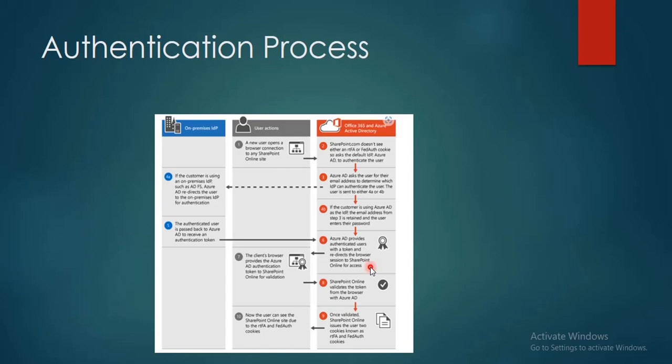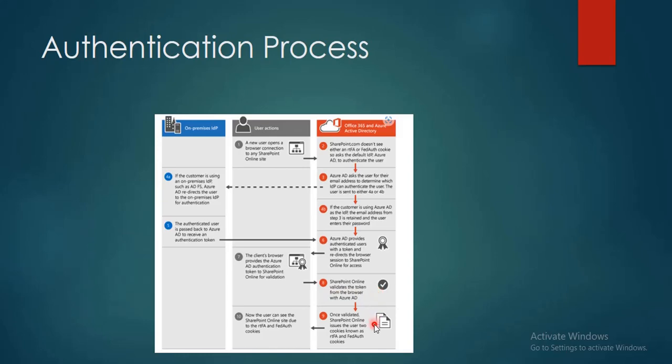Okay, in the meantime, if the customer is using Azure AD as their IDP, then the email address from step 3 is retained, and the user enters the password. After that, the client's browser provides the Azure AD authentication token to SharePoint Online for validation. Then SharePoint Online validates the token from the browser with Azure Active Directory.